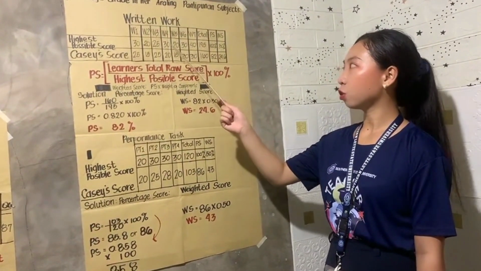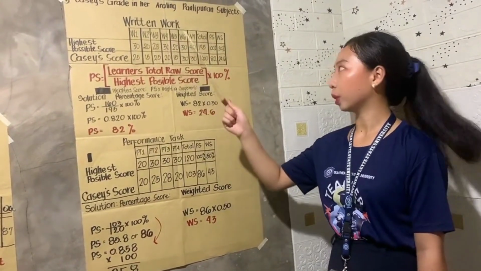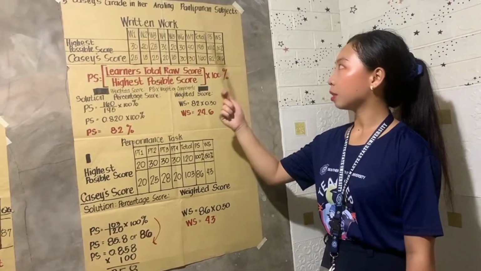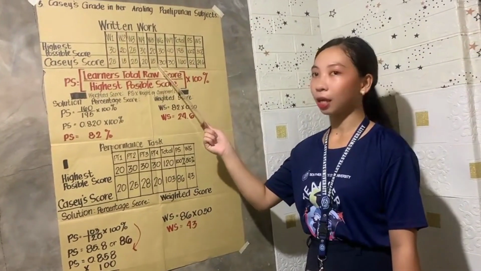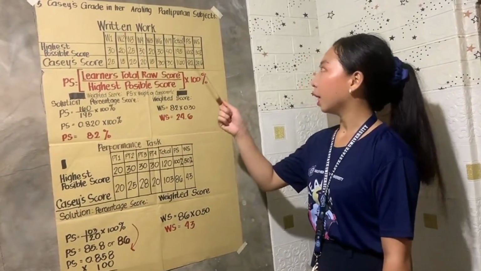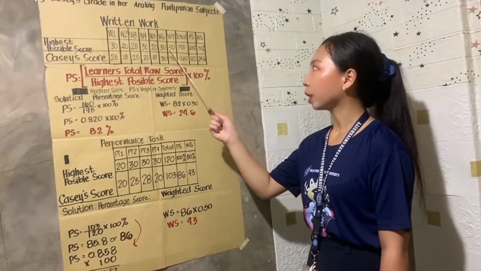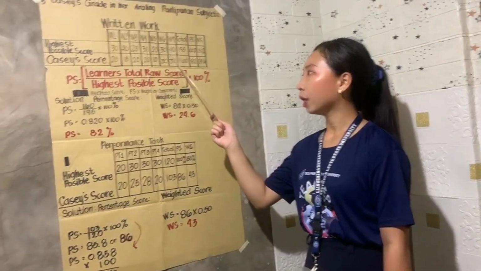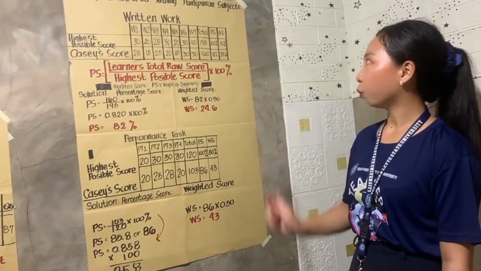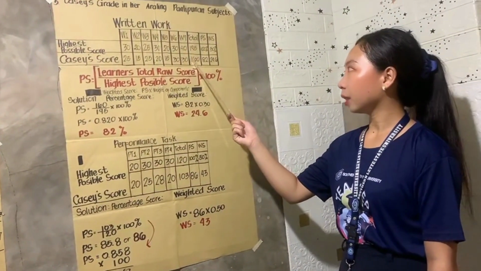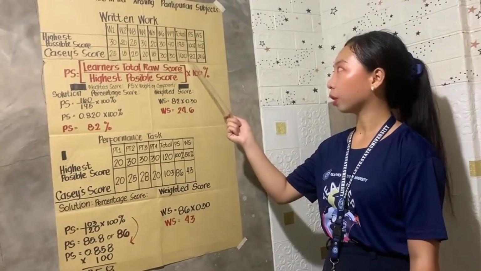In the fifth one, she got 15 out of 20. In the sixth, she got 30 out of 30, and that is a perfect score. For the seventh written work, that is 40, and Cassie got 30 out of 40. So the total is 160.